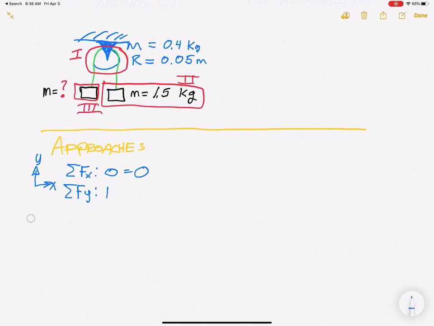I've got the force of the hanger, I'm going to have a negative weight, and I'm going to have a negative tension going to system 2 and a negative tension going to system 3.